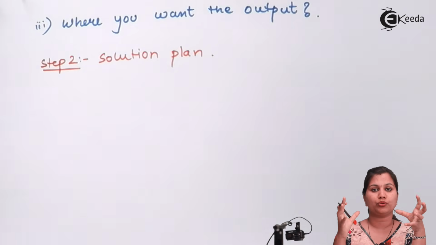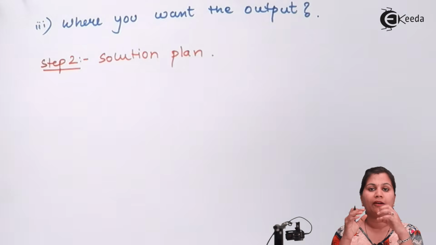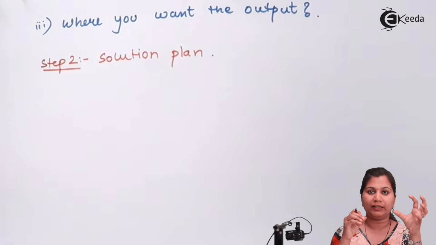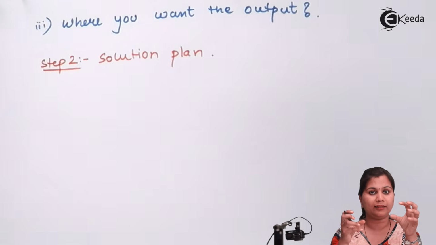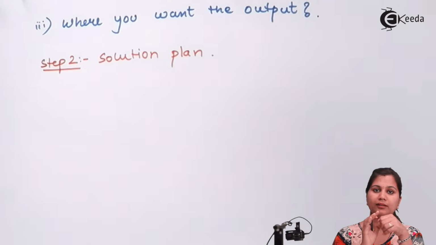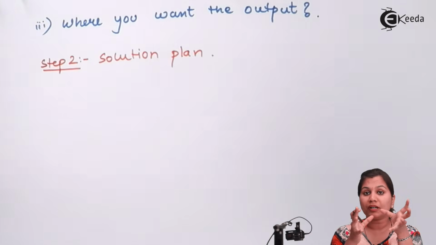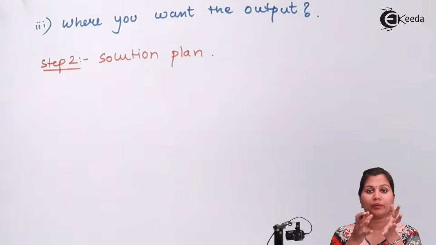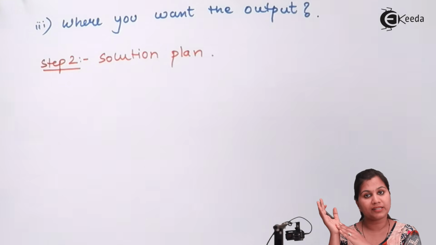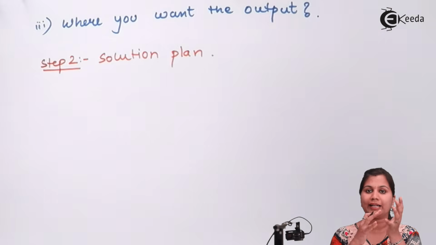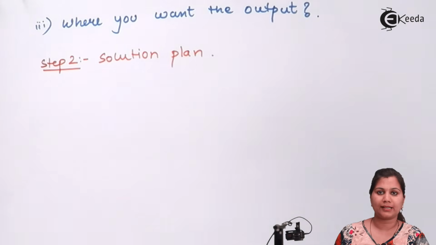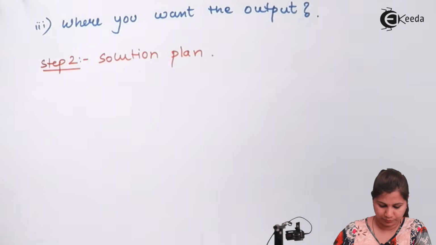Suppose that we want to do the addition of two numbers. We know that one is directly the data is available to us, and the second number will be stored in the register. Now, how we are going to add them and how we are going to store the result in the accumulator, that is to be decided in step number 2.